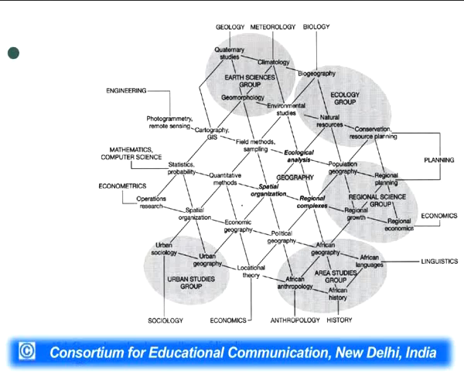On the right side there are planning, economics, linguistics, and on the top there are geology, meteorology, and biology. And in between there is a very strong interface of geographical space, and that could depend upon various applications and how we look at the problems of everyday life.